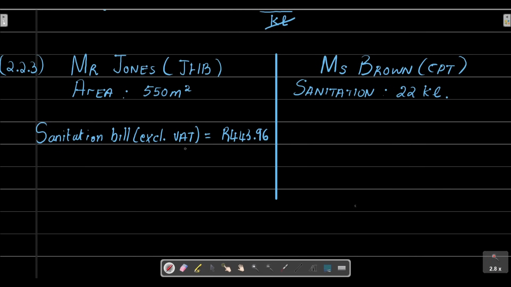Guys, you need to remember this table, this method that I always emphasize in calculating VAT. You always need to think: what is your VAT amount? Your VAT amount is 15%. What is your amount excluding VAT? Your amount that excludes VAT constitutes just 100%, because VAT has not been included, it's not put into that amount.